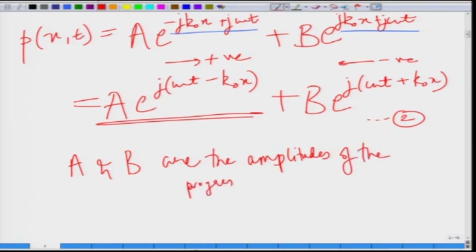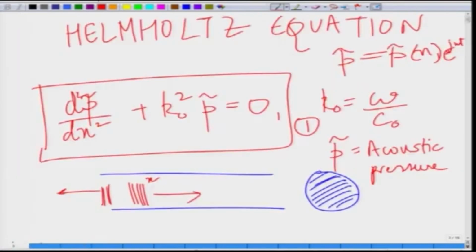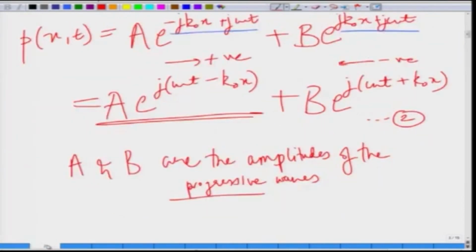This is perhaps the first time that I am introducing this term, progressive. Why progressive? Let us talk about it. As we can see from this figure, the waves are going in a certain direction without getting attenuated or reflected.